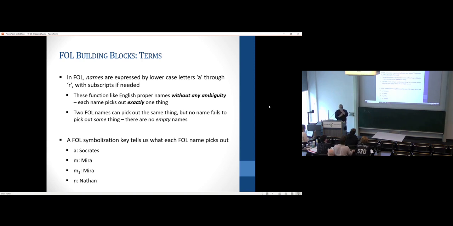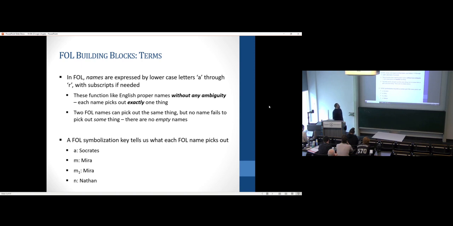I know. Tears. Santa Claus as a name denotes nothing. If we think about it as a proper name, it goes out into the world and tries to find the man who lives in the North Pole, and it fails. It's an empty name. FOL does not have any empty names. If there's a name, it's guaranteed to pick something out. That's just part of the way the language is set up. We just dictate that.